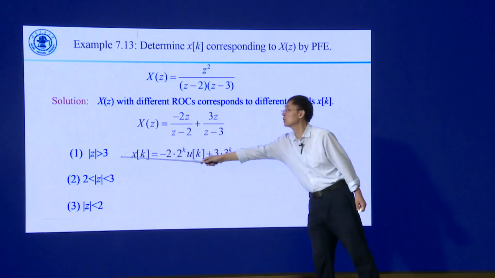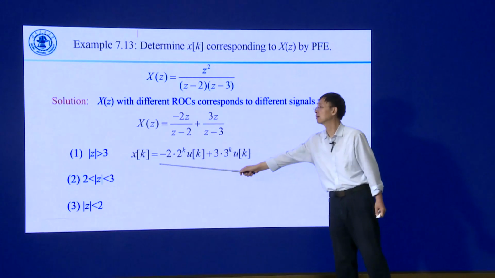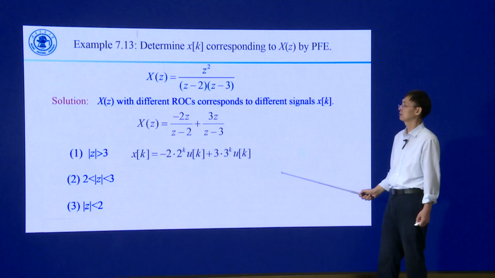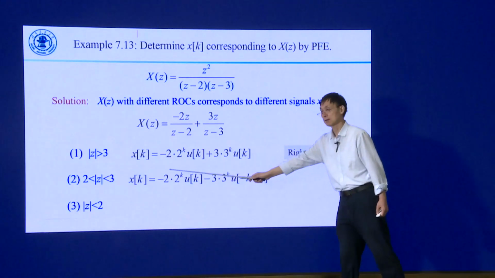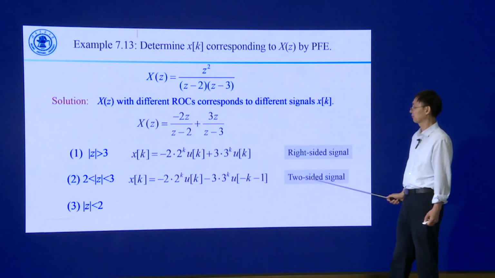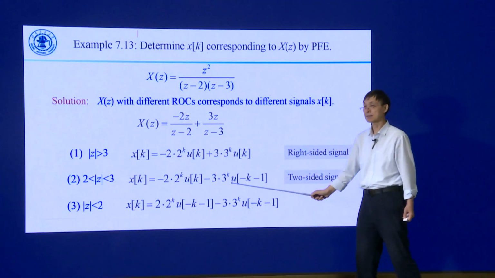For this region, we can get this signal. The signal is a right-sided signal. For this region, we can get the signal, it's a two-sided signal. For this region, we can get the signal.